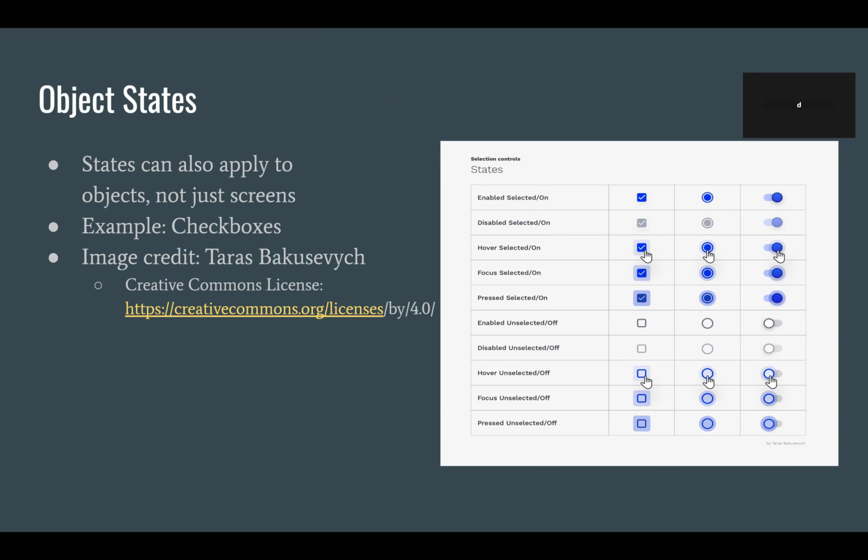So I did not create this image, but this is an example of a checkbox, right? So a user interface checkbox if you're on a website and you need to select different things with checkboxes. So the checkboxes can have different states, and you've probably seen this at some point.